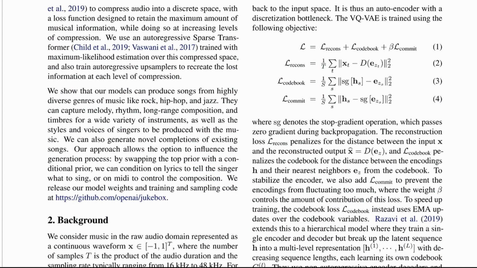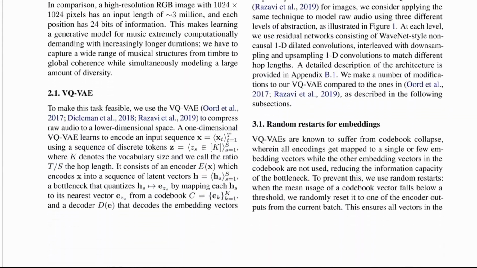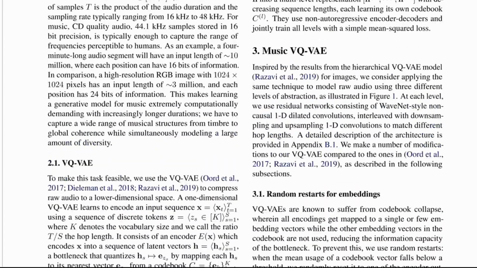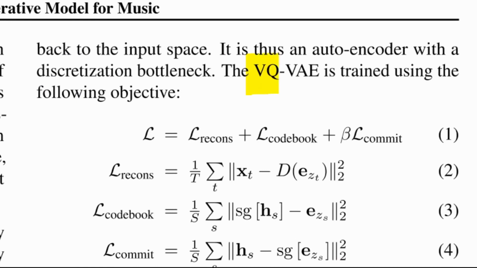This is not a very technical paper, but I think it's well written, and their main thing is these VQ-VAE models. So these models, you might know what a variational autoencoder is.